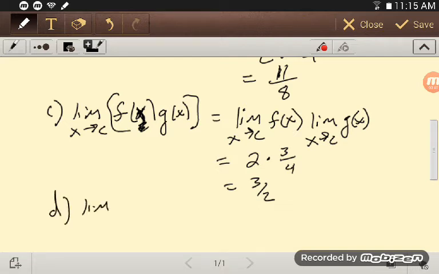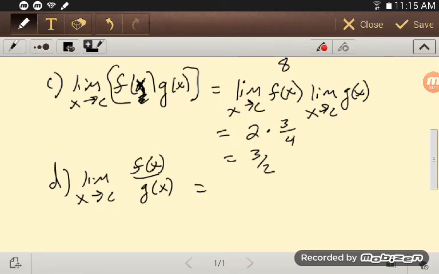And then finally D, the limit as x goes to c of f of x over g of x. And again, the only time this is going to be a problem is if the limit of the denominator is 0. Then I wouldn't know what the answer is.